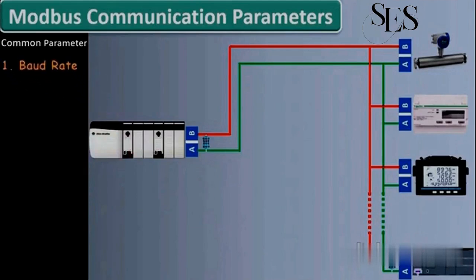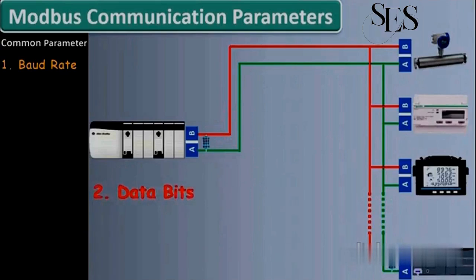The second common parameter in RS485 communication is the number of data bits. All the devices in the same RS485 network must have the same number of data bits.